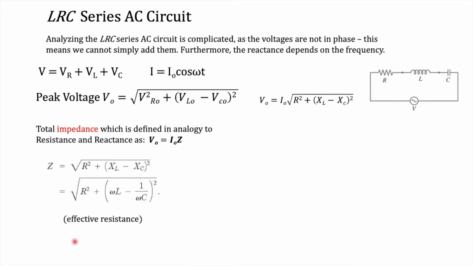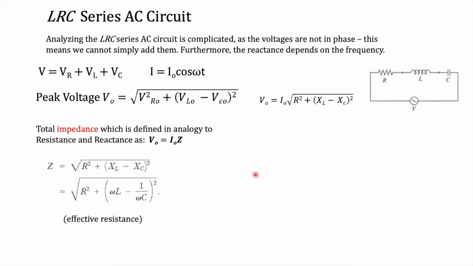So basically, the conclusion is that when you have these three different elements connected to the AC source, each of them has individual resistance or reactance to the flow of the current, and we combine these effects together for all three elements, and we call that the effective resistance, the impedance Z.